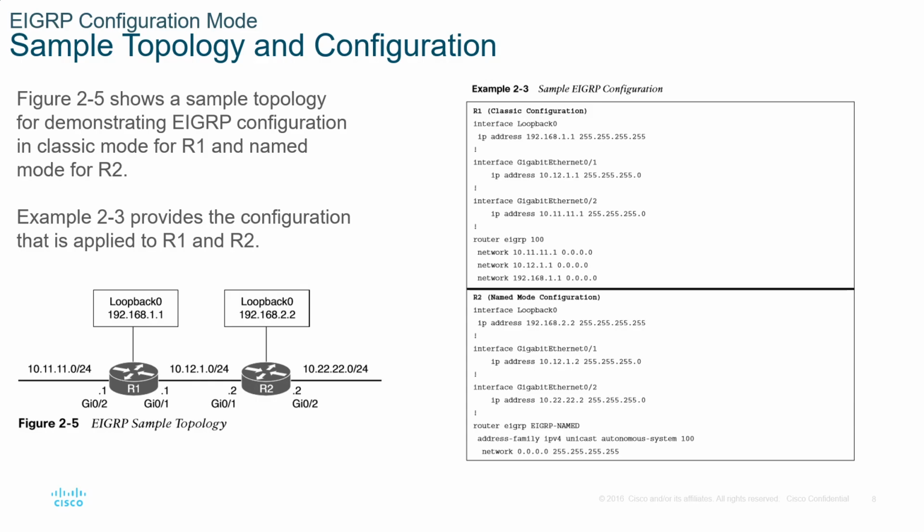Then it's address family IPv4 unicast autonomous system 100, and then the network is a wildcard mask of any. So quad 0, quad 255s means it's not checking any bit, so they all match. And yes, they'll talk to each other because both of them are members of AS 100.